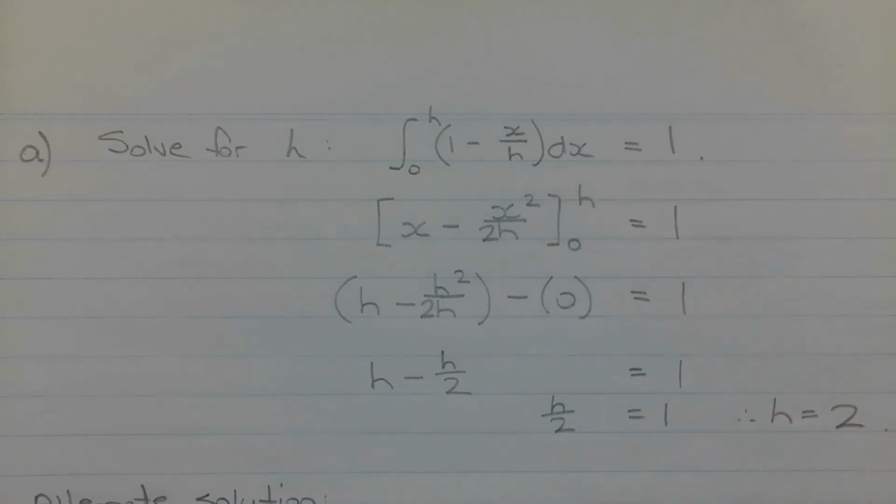Applying the limits of integration, we get h minus h squared over 2h. Now we can cancel an h here and an h there. Minus 0 equals 1. So that simplifies to h minus h over 2 equals 1. Now h minus h over 2 is equal to h over 2. So h over 2 equals 1, therefore h equals 2.